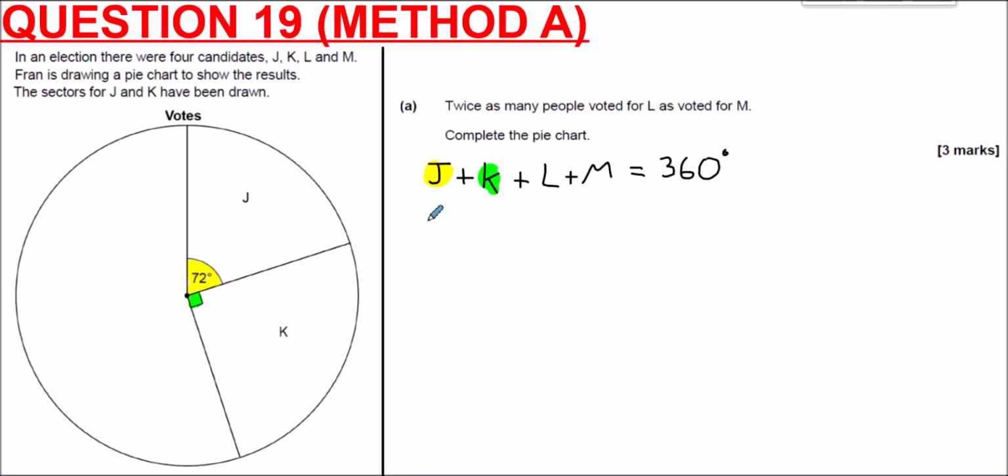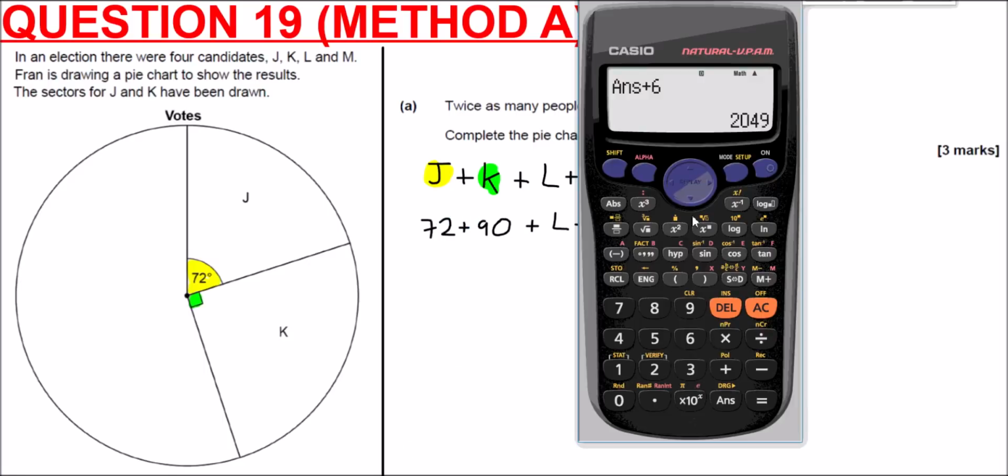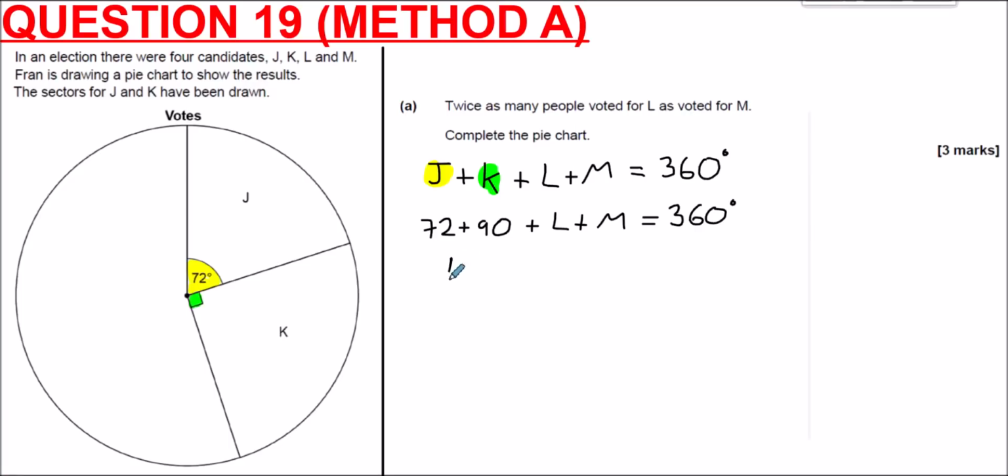So we can simplify this slightly now. So 72 plus 90 plus L plus M comes to 360 degrees. 72 plus 90 gives a total of 162. So 162 plus L plus M again comes to 360 degrees. Now we can work out what L and M must come to on their own.